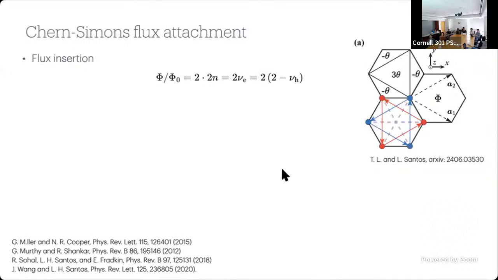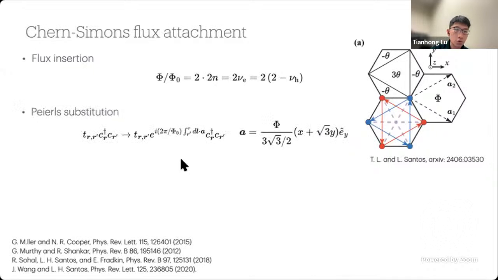Question? Are you just inserting the flux by hand as if it is in a magnetic field? No, we have to construct a gauge potential here.